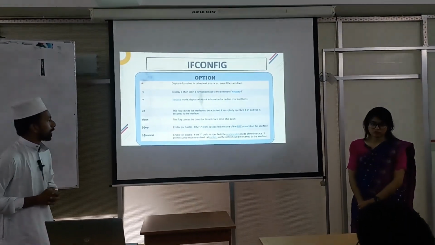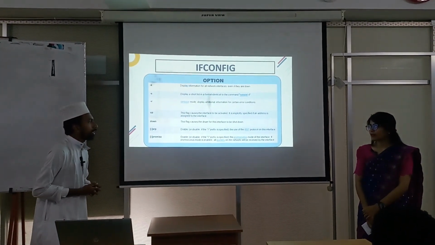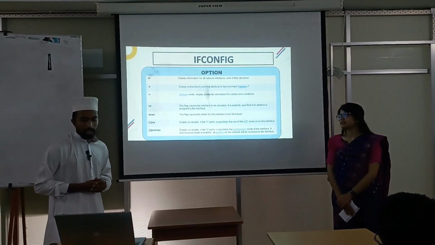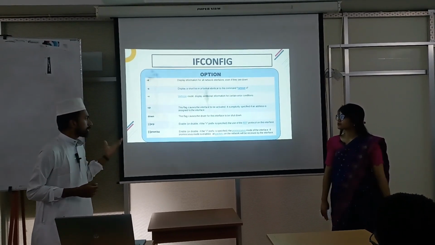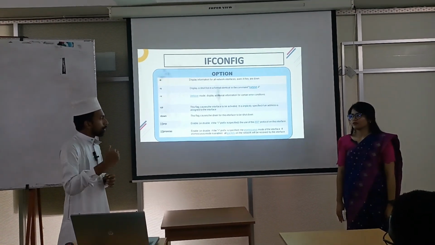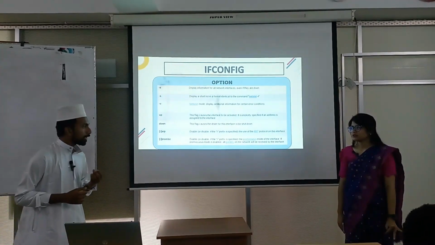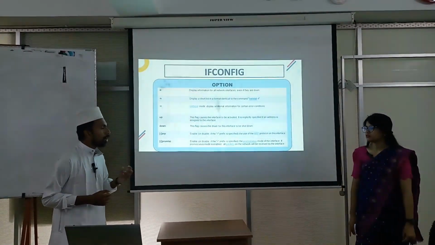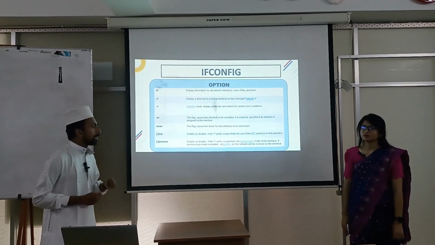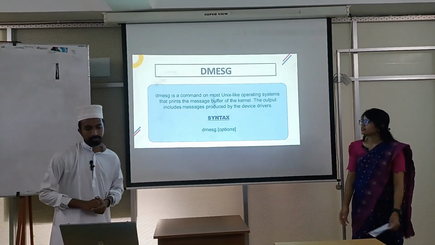ARP enables or disables the use of the ARP protocol on this interface. Promisc enables or disables promiscuous mode of the interface. If promiscuous mode is enabled, all packets on the network will be received by the interface.